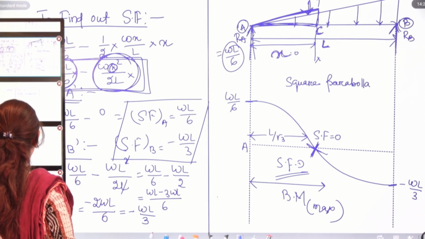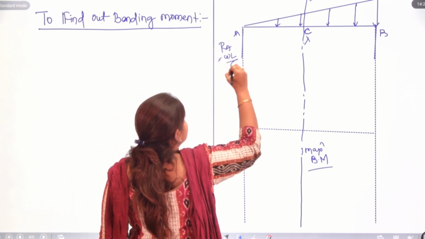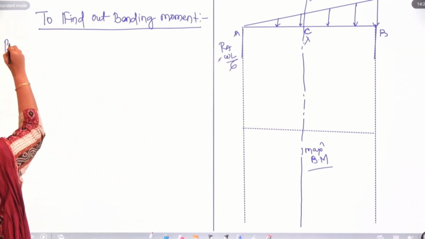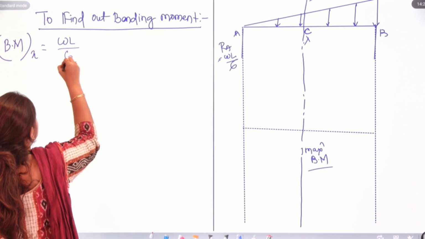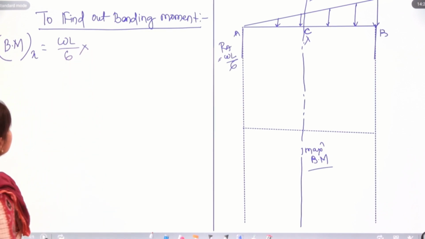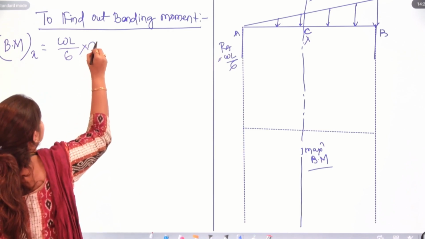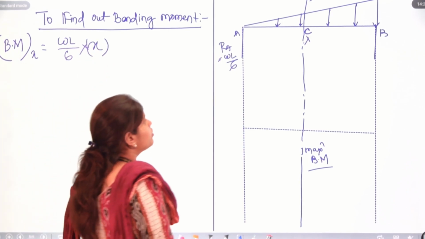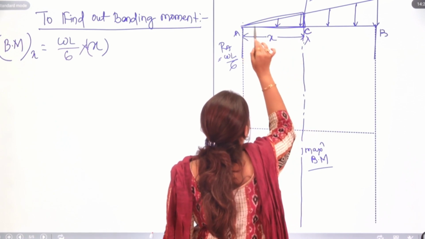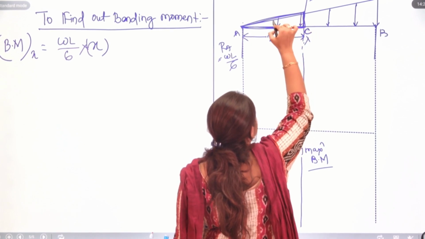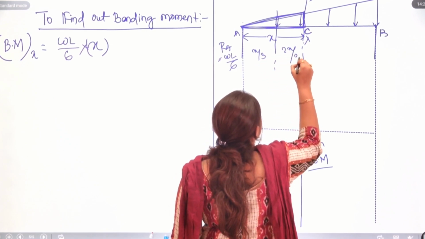Here we know RA is equal to WL by 6. Bending moment at X is WL by 6 into the distance, which is X. As we are finding out about this triangle and the distance, the section will be cut at some point, and one distance is going to be x by 3 and another is going to be 2x by 3, right?